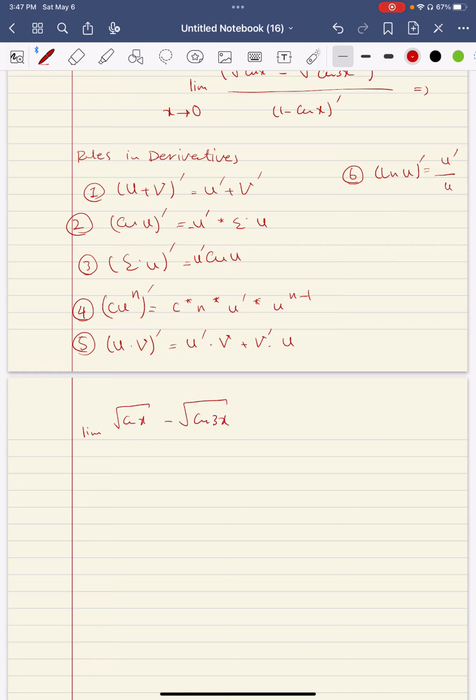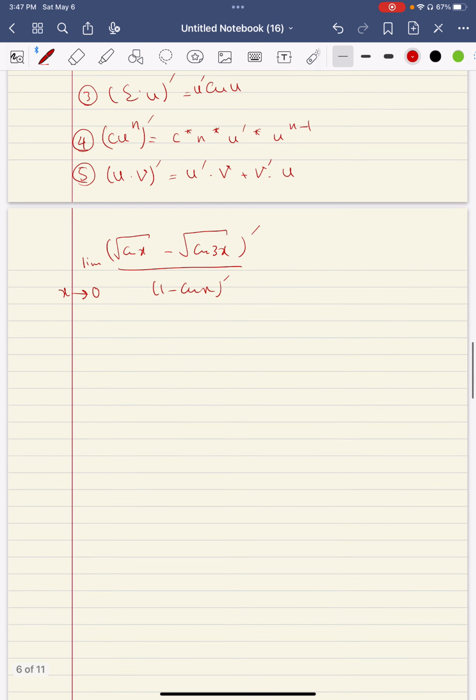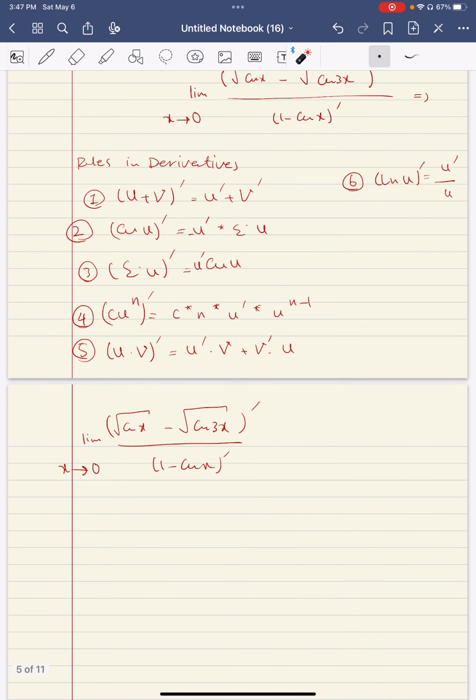Okay, so let's go ahead. Let's write down the question once again. This is cosine, sorry for my handwriting. So by making use of the first rule, we can simplify the numerator and the denominator. So the u is root cosine x and the v is root cosine 3x.